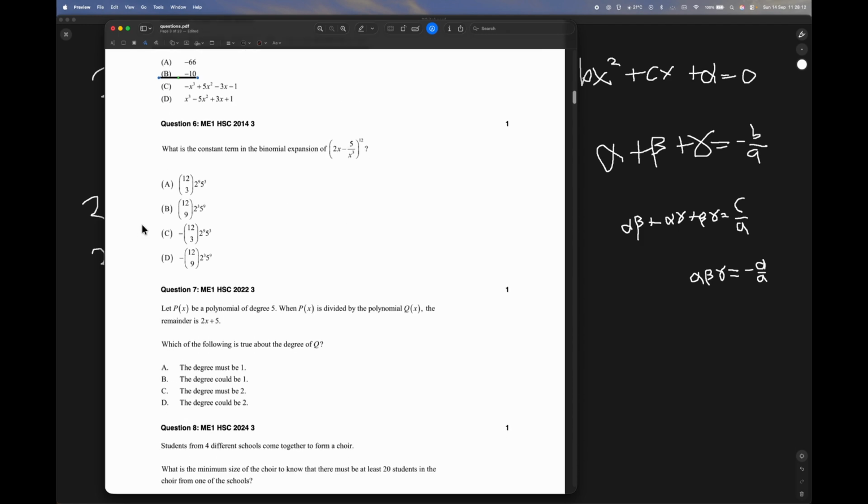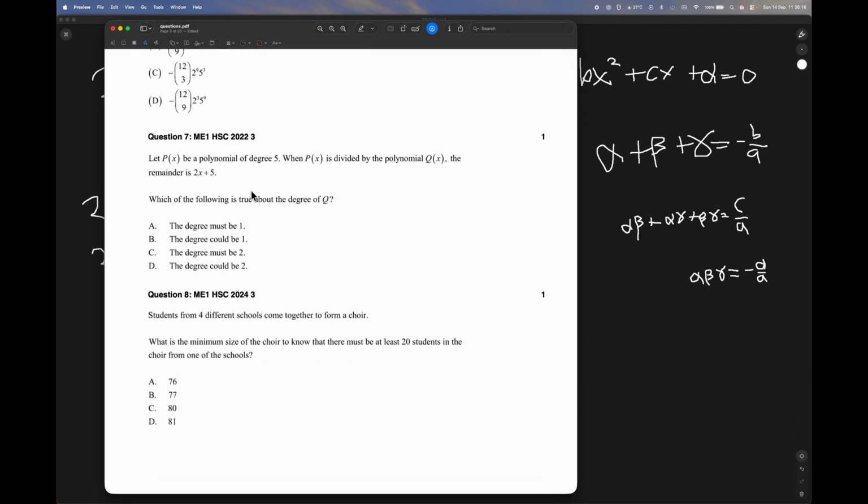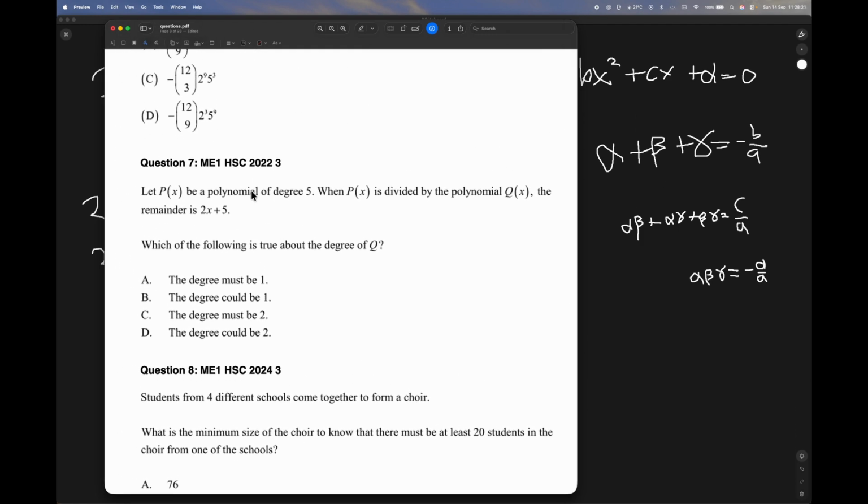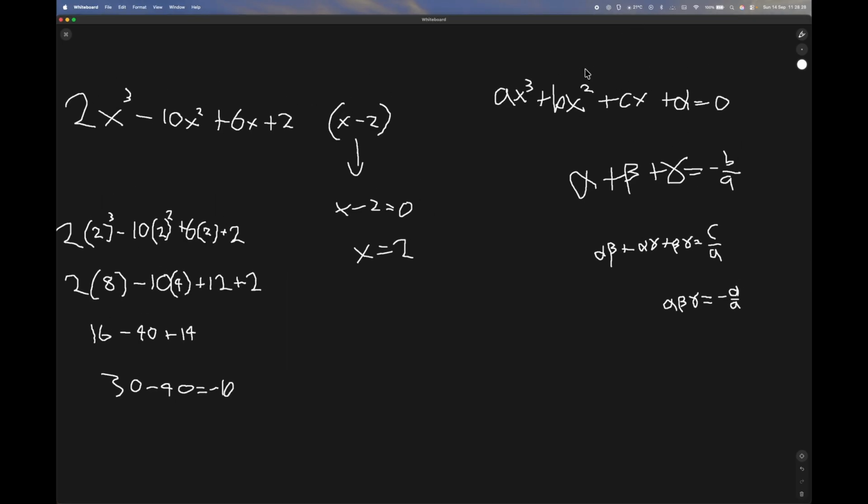Okay, let P of x be a polynomial of degree 5. Let's go back over here.